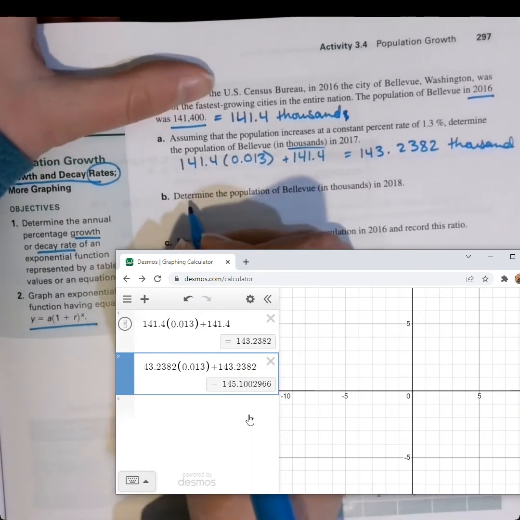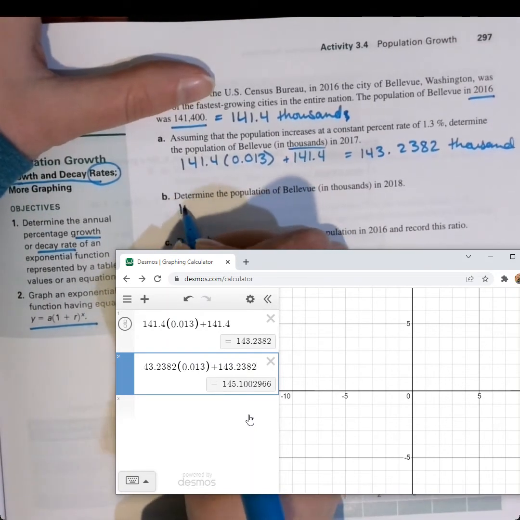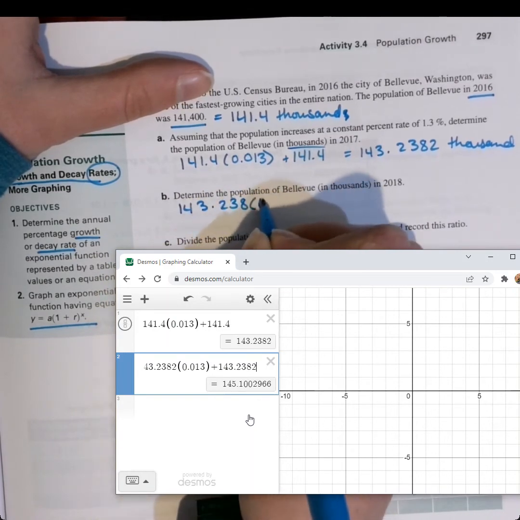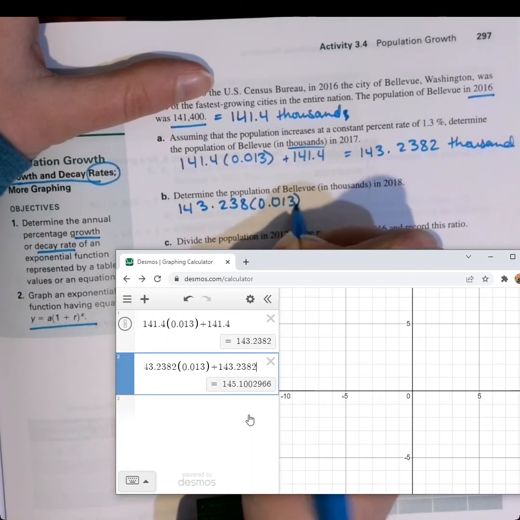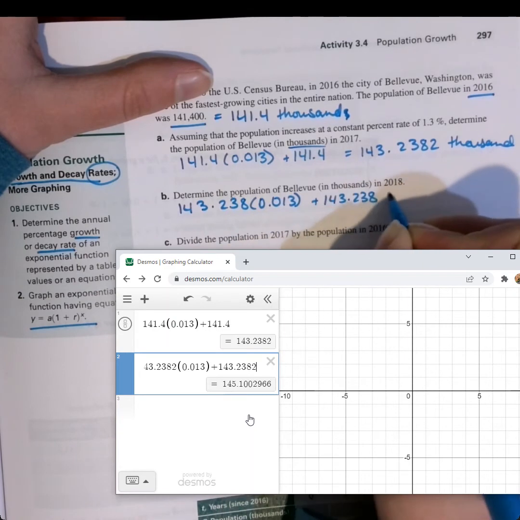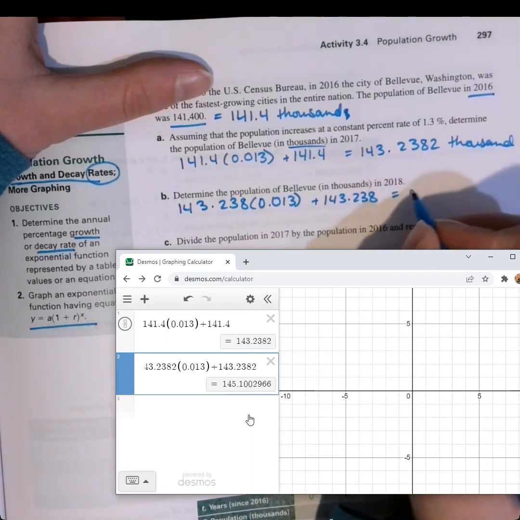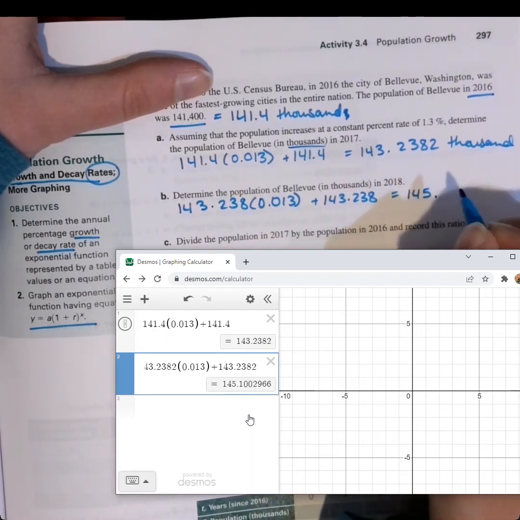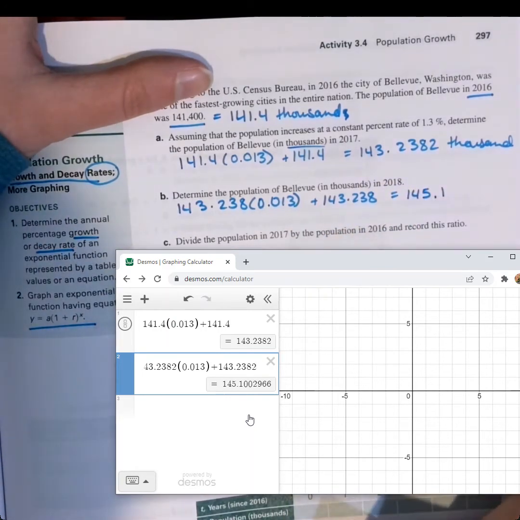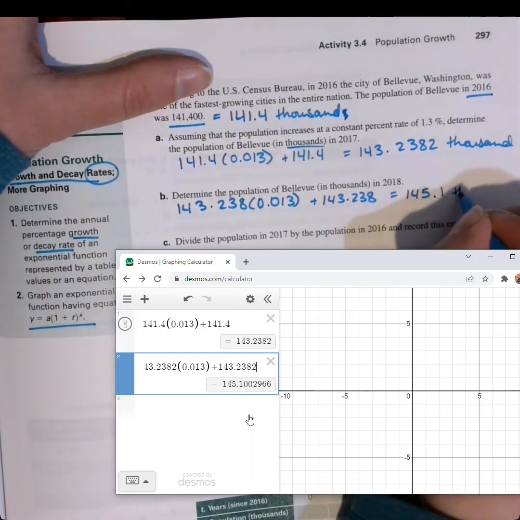So when I write this down, I'm taking the 143.238 times 0.013 plus the 143.238 equals 145.1, and then a bunch of zeros, 0.1002. So let's just call it 0.1 thousand.